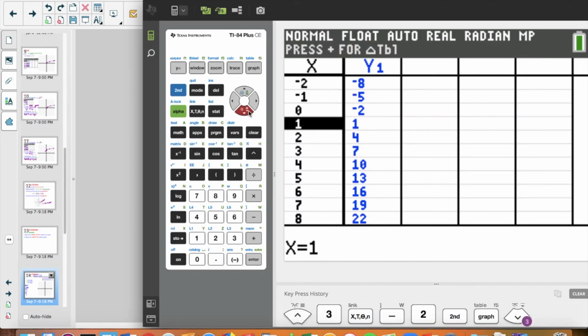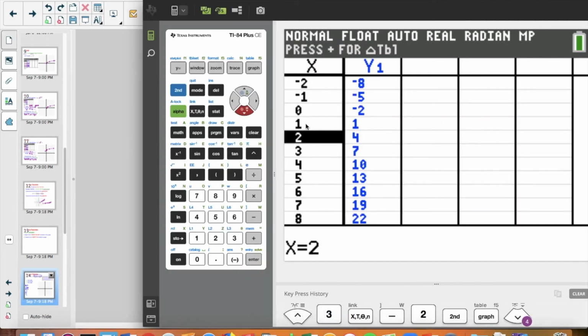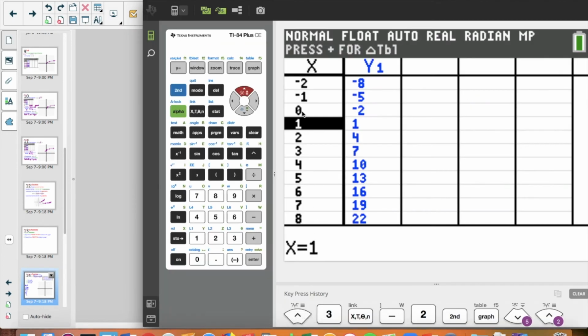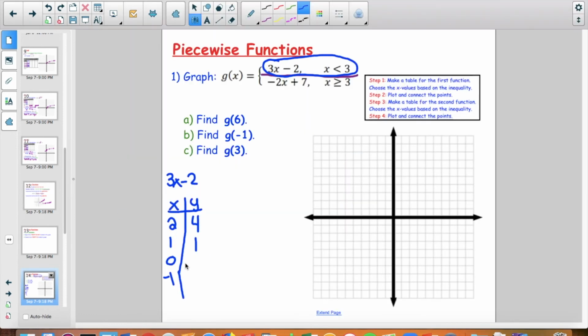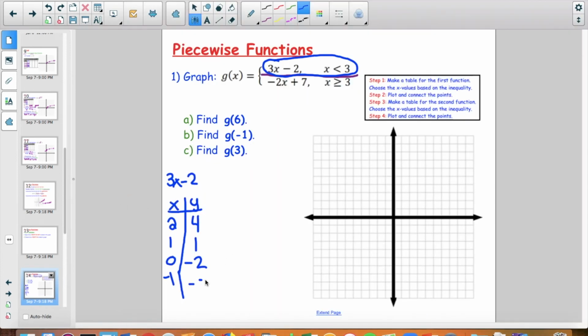Okay? So when x is 2, we have y to be 4. So that's going to be our first one. Now when x is 1, y is 1. When x is 0, y is -2. And when x is -1, y is -5.